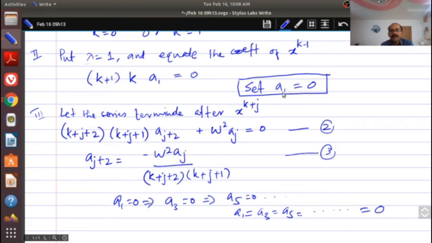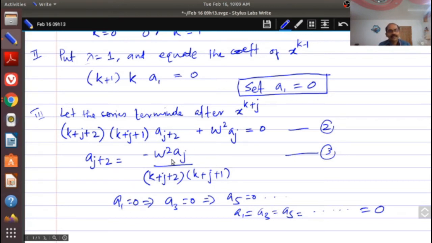Now we have already said a1 we are going to take as 0. So when a1 is 0, you get j equal to 1. Put j equal to 1 in this equation. When you put j equal to 1, a3 is equal to something into omega squared by k something, but multiplied by a1 is 0.